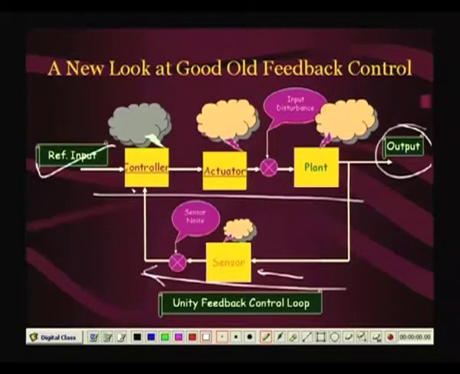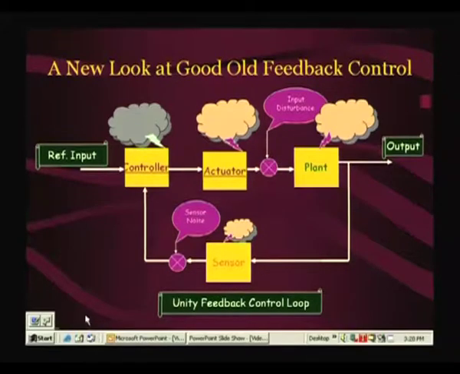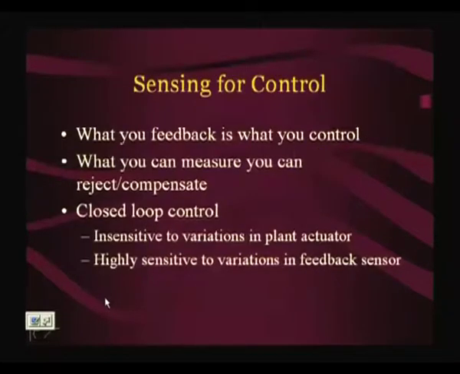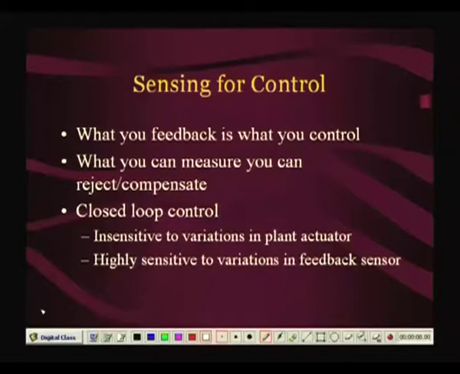There are certain facts about a controller that we should mention. Remember that what you feed back is actually what you control. So in a control loop, if you add a 1 volt bias to the sensor, or if there is any kind of noise in the sensor, exactly the same type of noise will appear at the output.